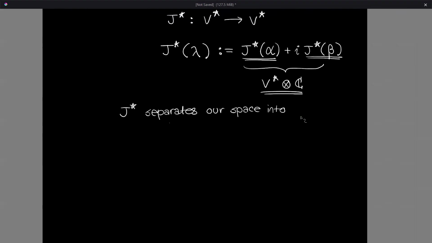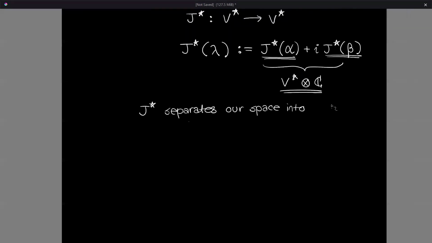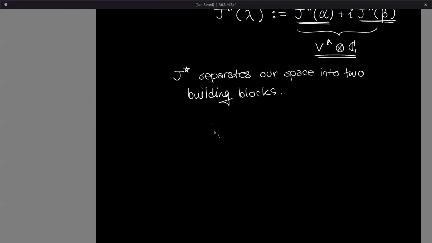It's kind of isolating two smaller regions, but we'll get into it. Two building blocks. We're going to call them VC star and VC bar star.